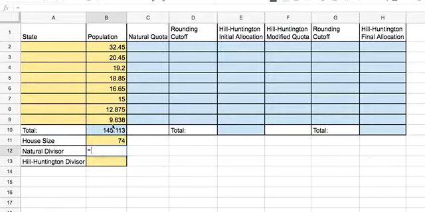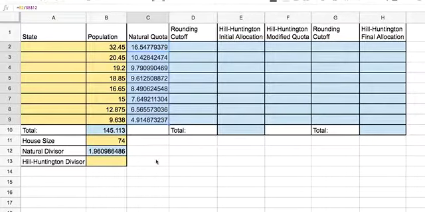We know how to find our natural divisor. That's exactly the same as before. And we know how to do our natural quotas. Those are exactly the same as before. So we'll get those in. Take a moment. Get the populations.